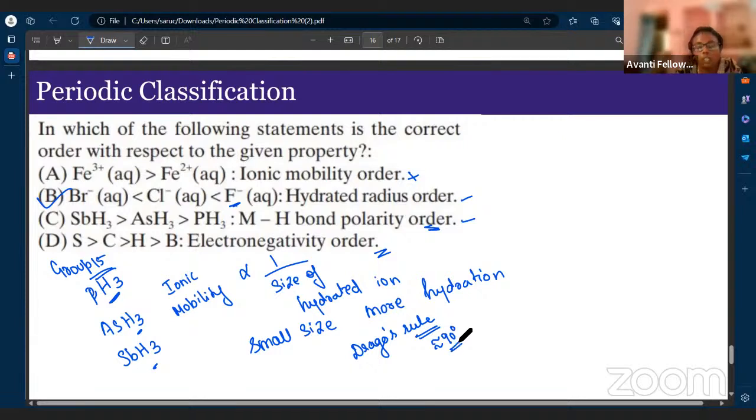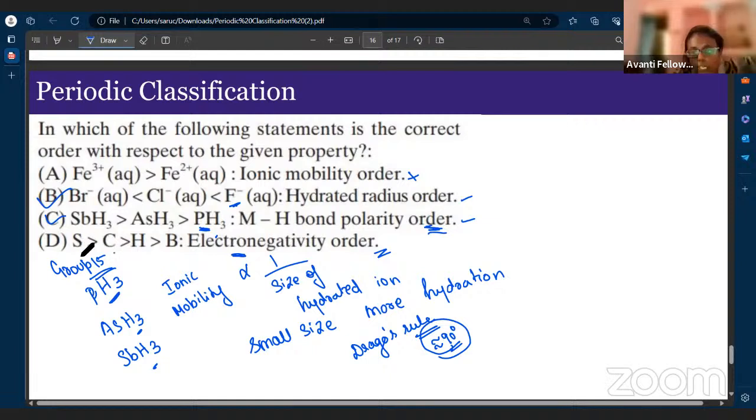Below the group number, when you go to period number 3, 4, 5, the bond angle will be approximately equal to 90 degrees. So what would be the bond polarity order? It means that here the bond angle is maximum, so the polarity will be minimum. And for the electronegativity order, which is more electronegative, carbon or sulfur?